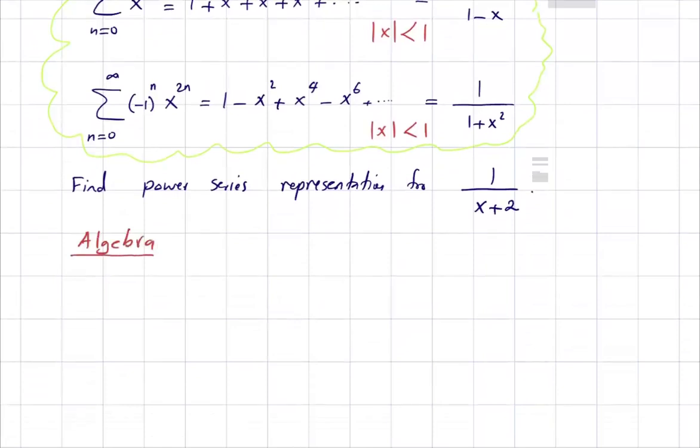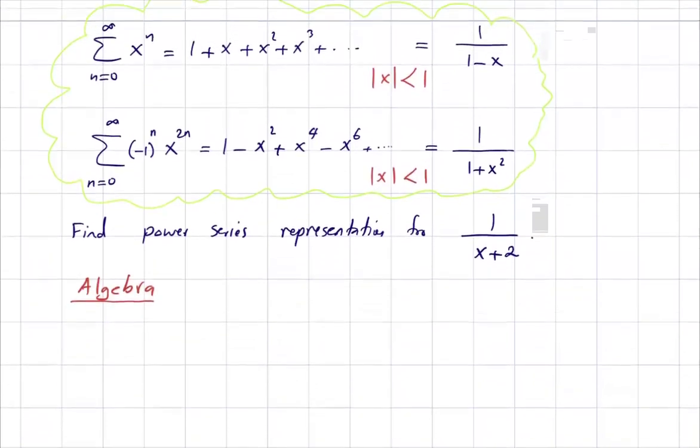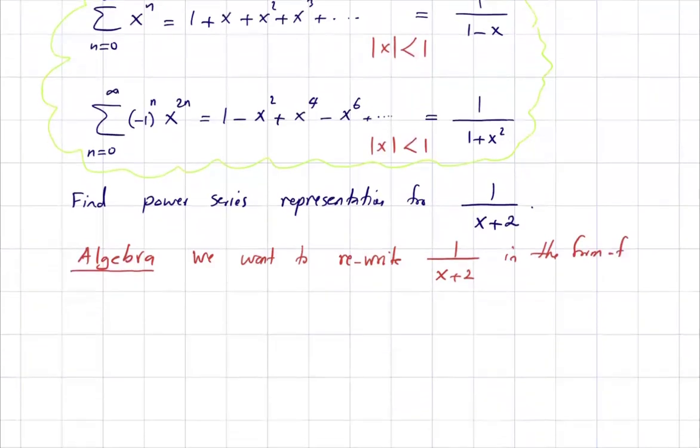Our goal is to try our best to rewrite 1 divided by x plus 2 in the form of 1 divided by 1 minus a quantity.